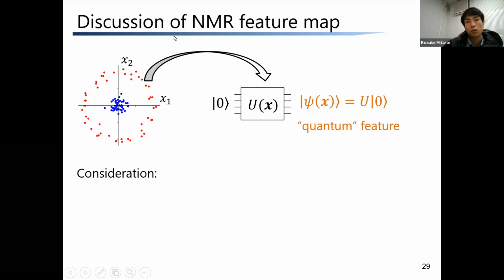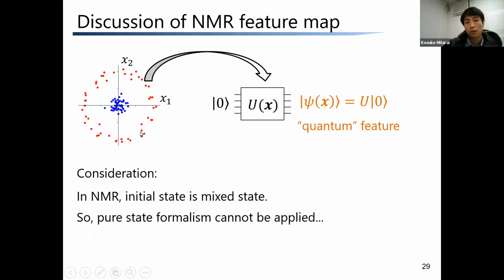So to implement this quantum kernel method on an NMR platform, we consider what feature map NMR can produce, because we don't have this initial state zero in the NMR experiment. We try to map the original data into a quantum state, which is a quantum feature.